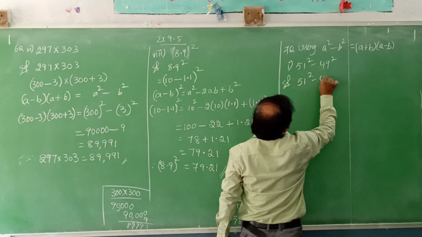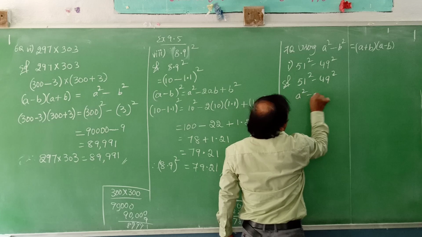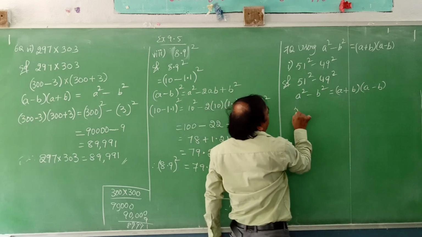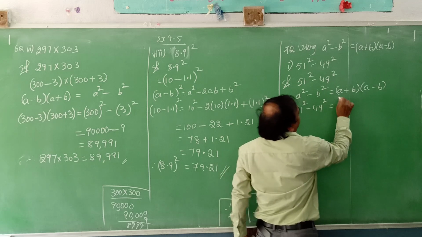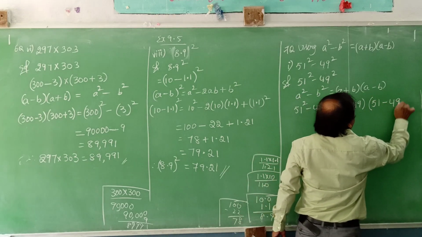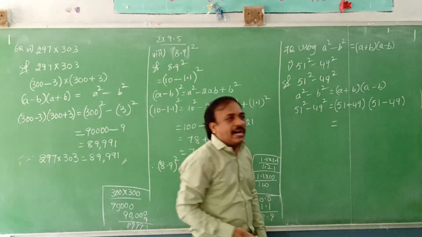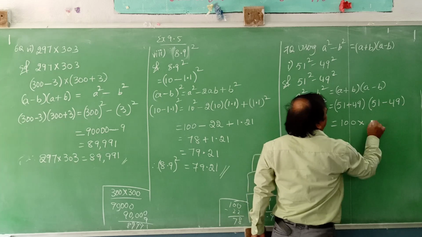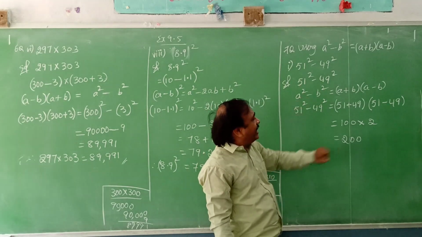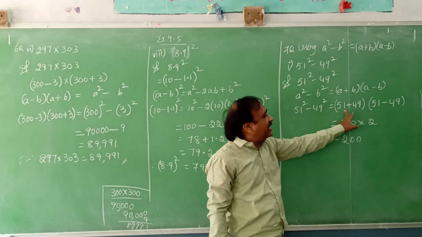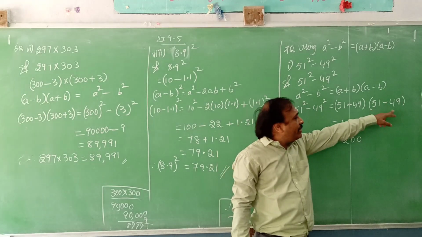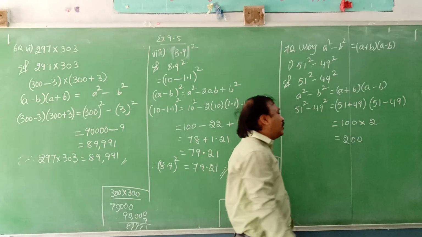So this is the solution. First we write 51 square minus 49 square. Using the identity a square minus b square is equal to (a plus b) into (a minus b), 51 square minus 49 square is equal to (51 plus 49) into (51 minus 49). 51 plus 49 is 100, 51 minus 49 is 2, and 100 into 2 is 200.